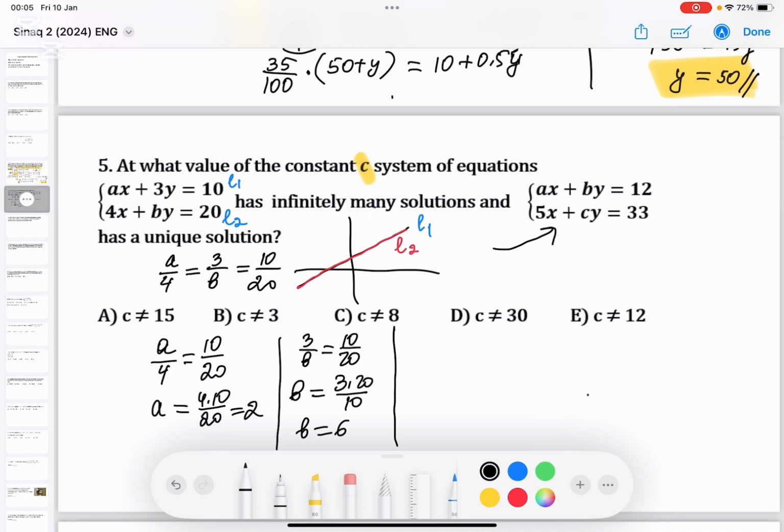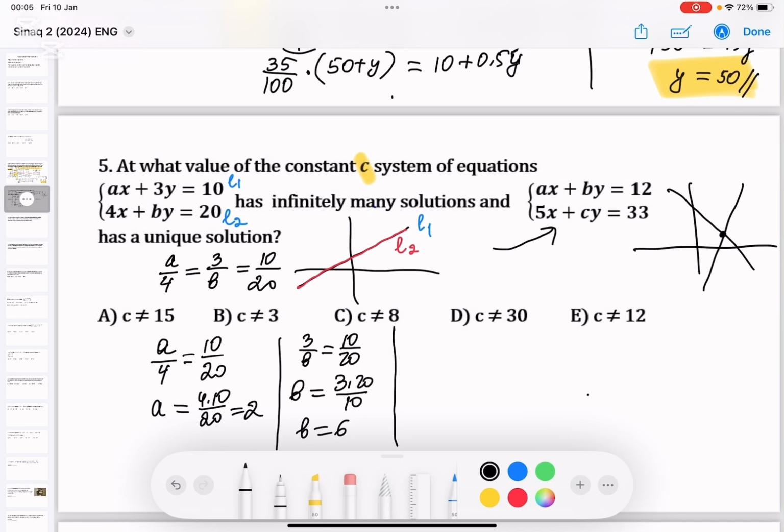Now we have to find the value of c for which this system has a unique solution. If we think about this question graphically, these lines should intersect at a single point. So basically their slopes are different.